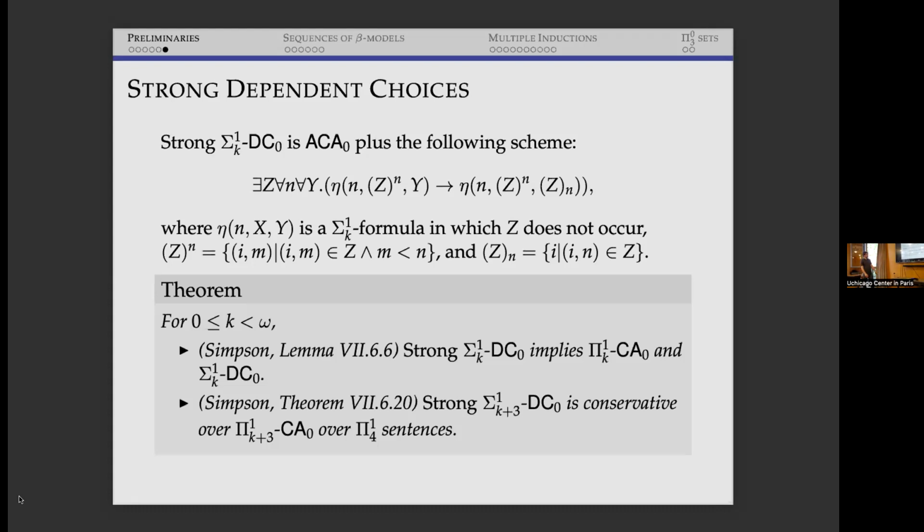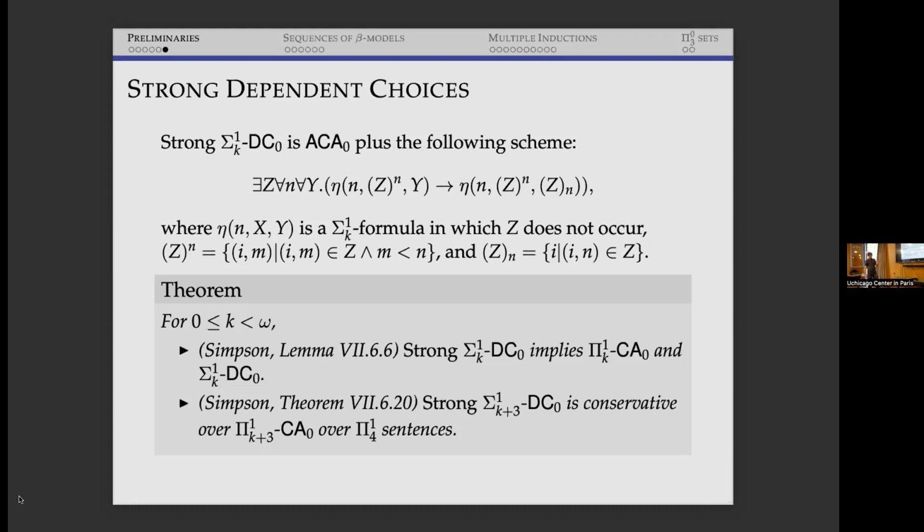What matters for us is, first, it's convenient because strong Sigma^1_k choices are going to prove Pi^1_k-CA and Sigma^1_k dependent choices. And it is also conservative: strong Sigma^1_{k+3} dependent choice is going to be equivalent to Pi^1_{k+3}-CA, conservative over Pi^1_k.